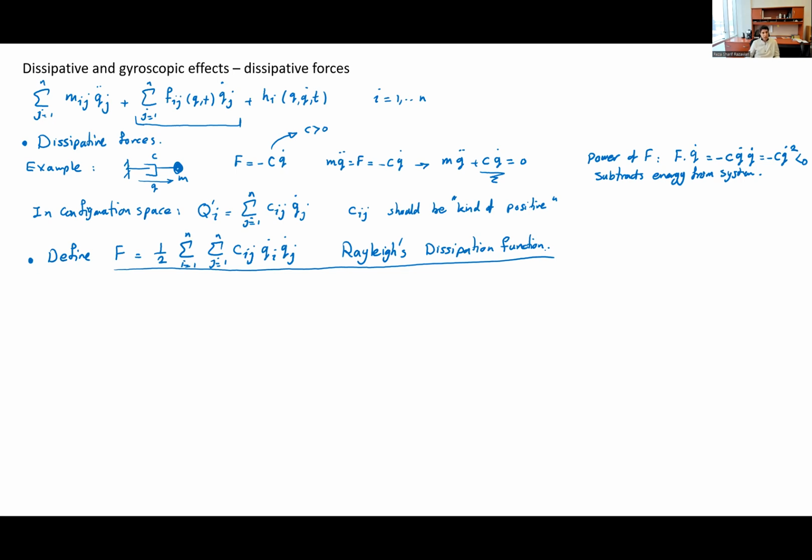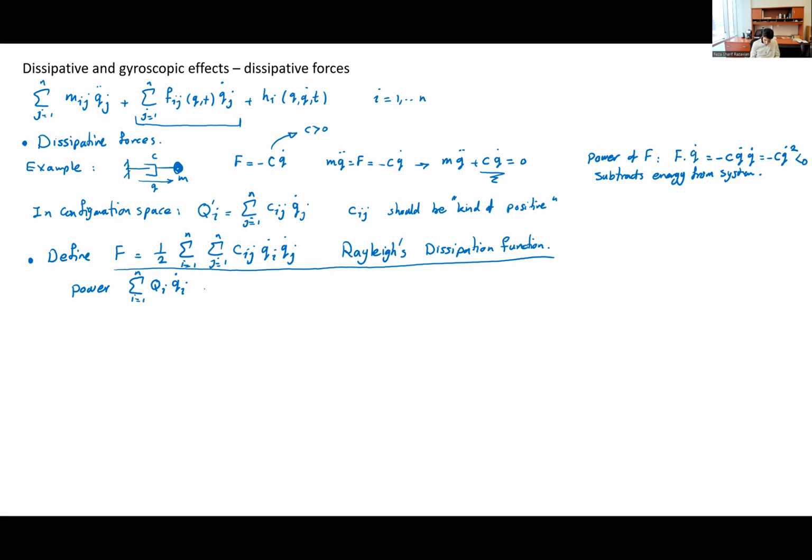So we can define this, and something to note here is that F is kind of a power function, and you can verify that. The power of my dissipative forces is the sum of all these Q_i times velocity, because force times velocity is always power, with i from 1 to n.